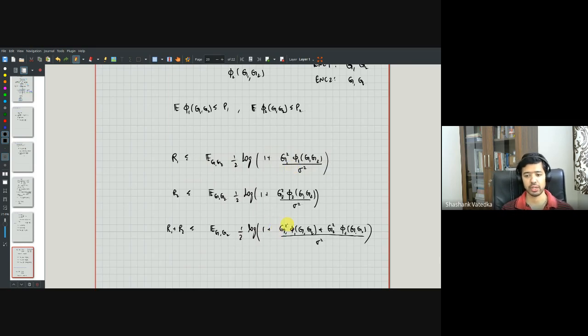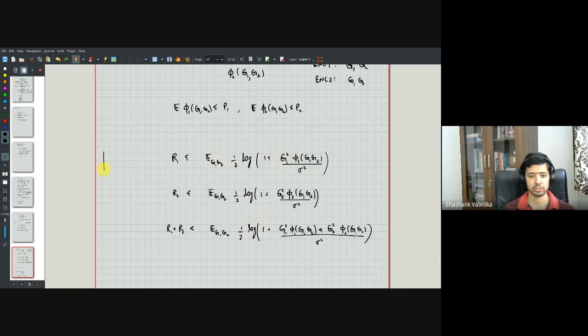Okay? So unlike the previous case, where you had only channel state information at the receiver, the achievable rate region now need not be a pentagon. It could be something much more complicated. It's going to be a convex set, but there's no reason for it to be a pentagon, right?